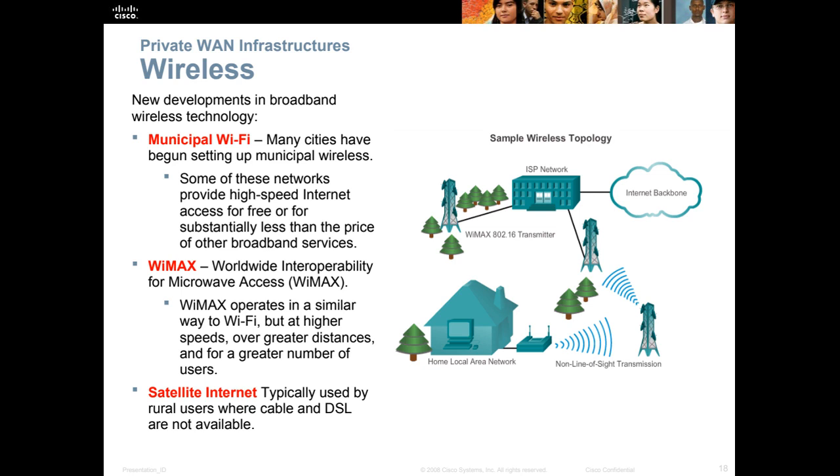We have WiMAX. WiMAX is worldwide interoperability for microwave access. WiMAX operates in a similar way to Wi-Fi, but at higher speeds, over greater distances and for a greater number of users.